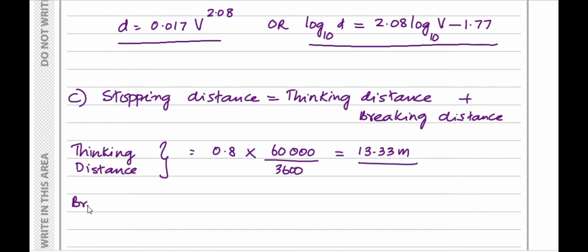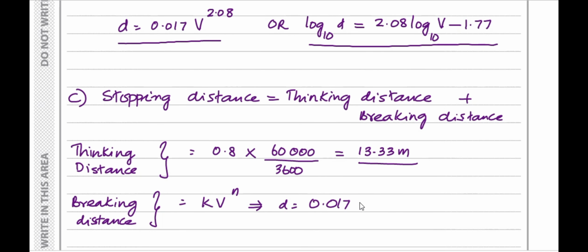Braking distance is as per our model. We have this k v to the power of n, which is distance equals 0.017 times 60 kilometers per hour to the power of 2.08. That gives us 84.92 meters.